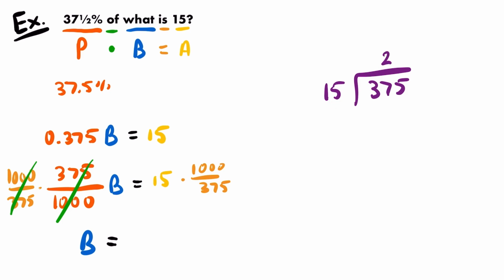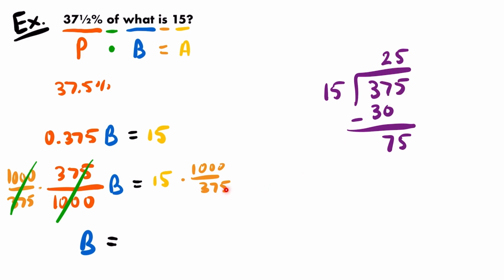So you get 2, write down the 30, subtract that, and you're left with 7, right? Because 37 minus 30 is 7. But then drop down the next number, and you get 75. 15 goes into 75 evenly. Specifically, it goes in 5 times. 5 times 15 is 75. So you write down that 5, and now we see that 15 times 25 is 375.